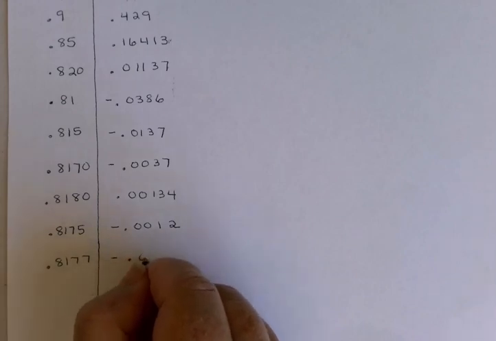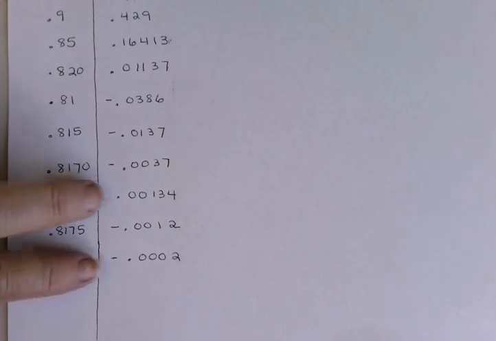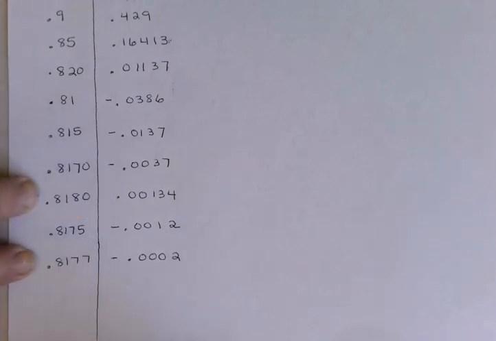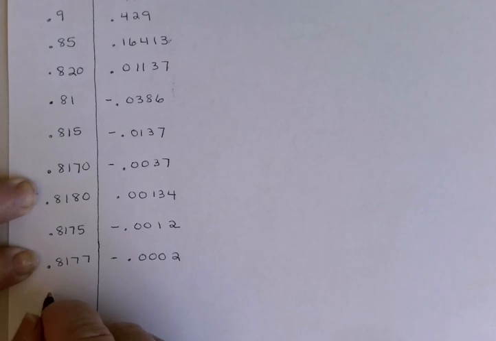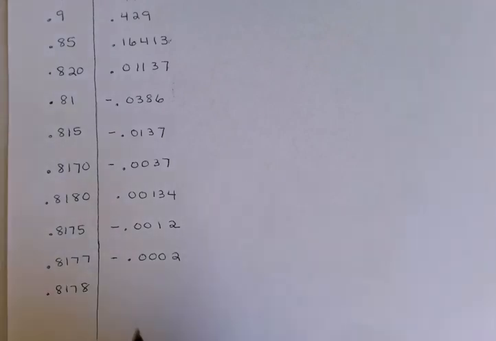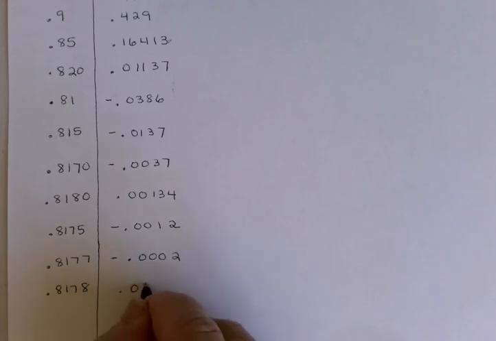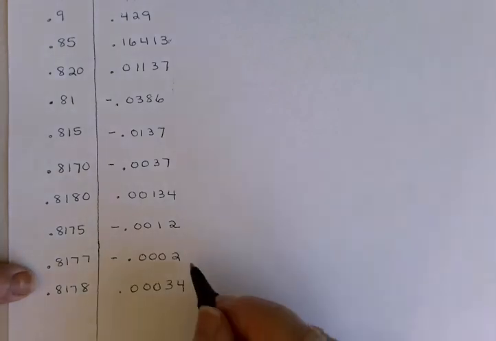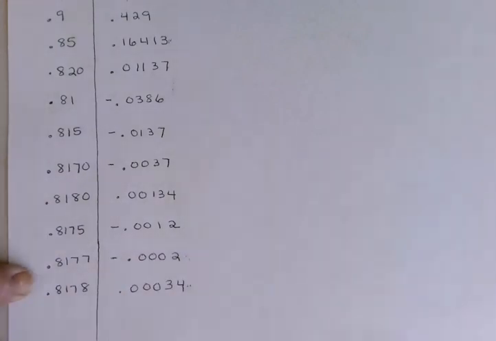That gave me negative 0.0002. So I'm between these two for my 0. Between these two, let's try 0.8178. I got positive 0.00034. So 0 is between those two numbers, meaning the x value is going to be between these two numbers.